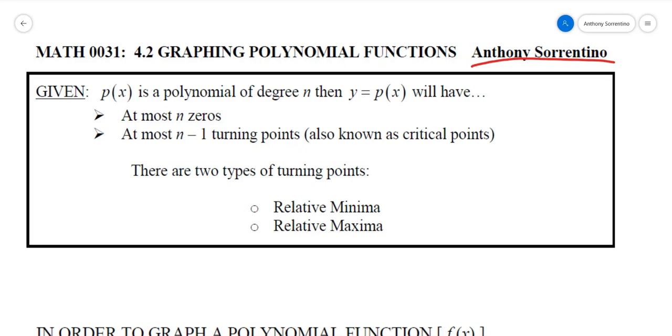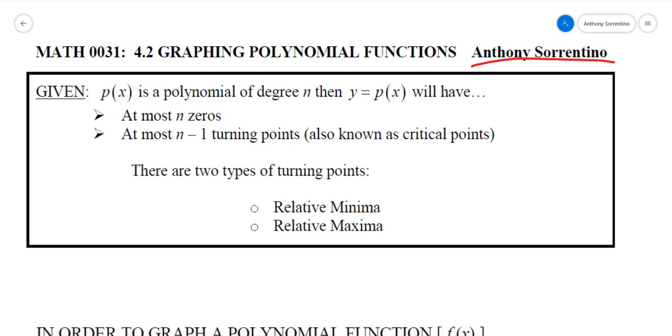So we're going to find a procedure here for certain things that we need to find, and those things will help us determine not only what points to use to determine what the graph looks like, but also how to scale our graphs and things of that nature.